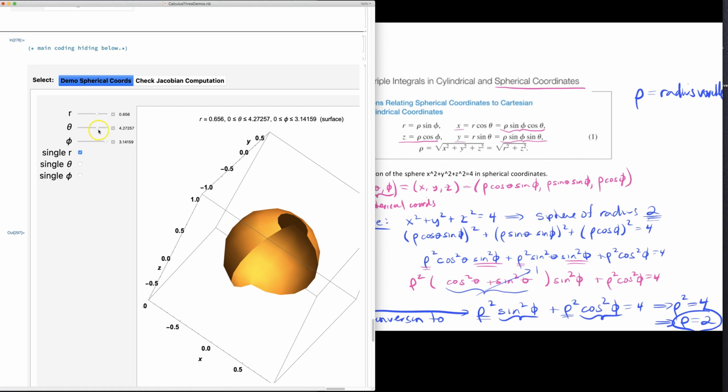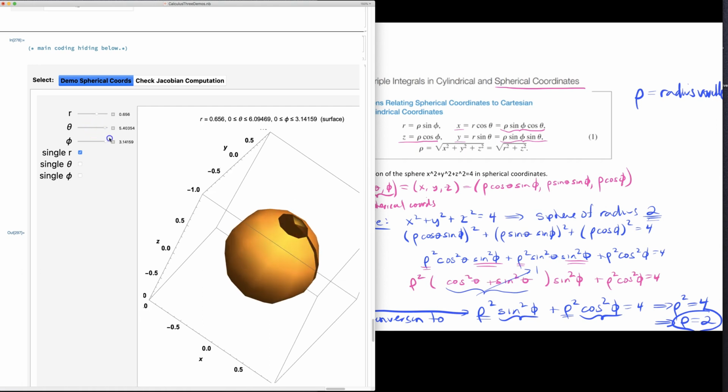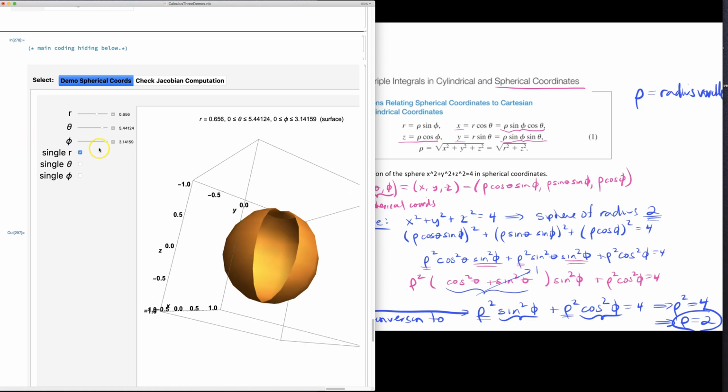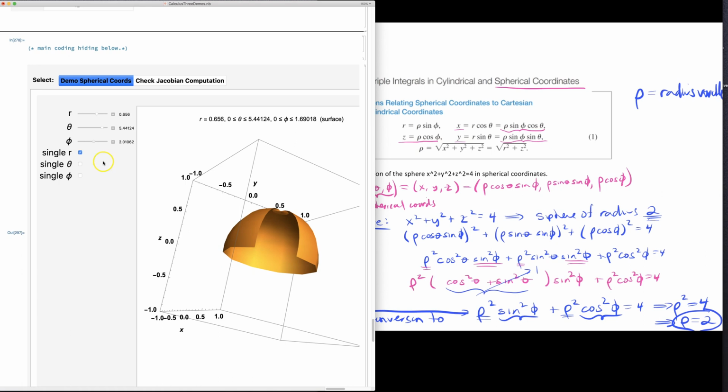Okay, and if that angle gets bigger and bigger, we can close the shell up. Or if you adjust phi, we can make the shell kind of melt from the bottom up.